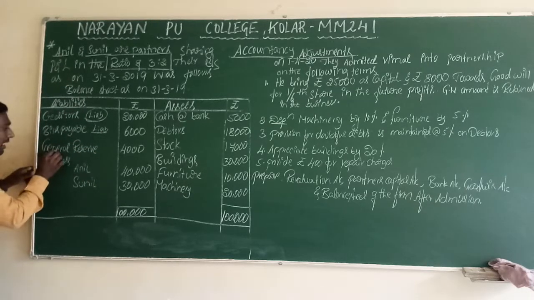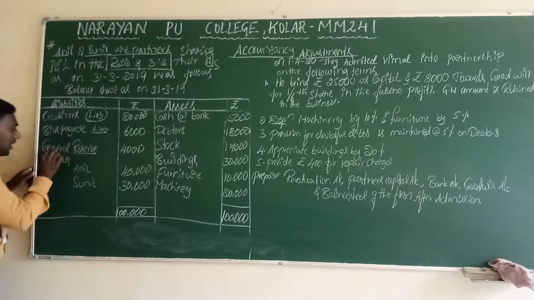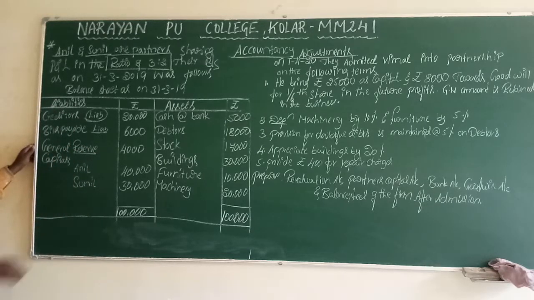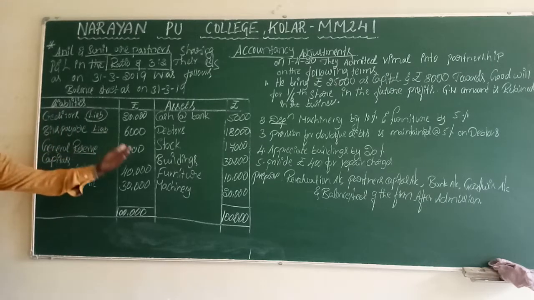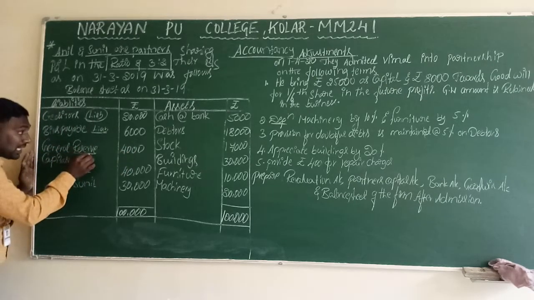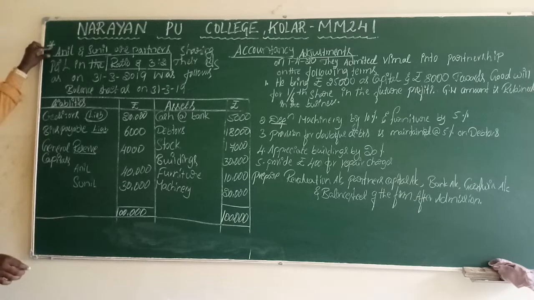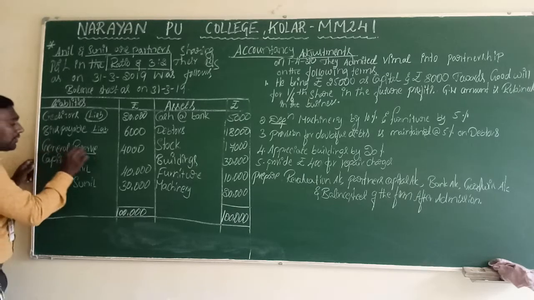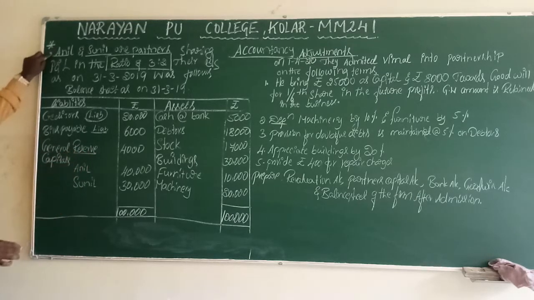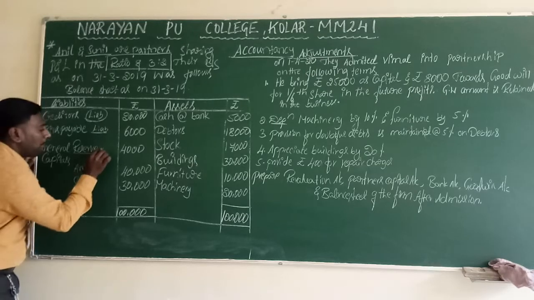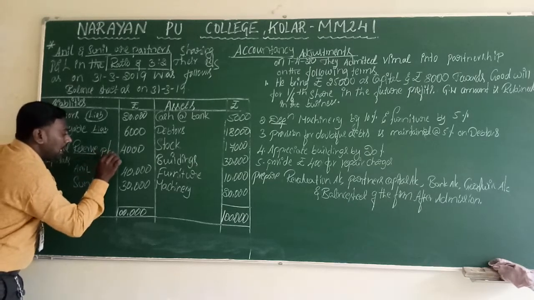General reserve, the name itself indicates. Reserve is nothing but some amount we keep for future problems. This reserve has been maintained by these two persons only, not for the new partner. The old partners have maintained some reserve, so this reserve belongs to the partners, and it will come to the partners' capital account.